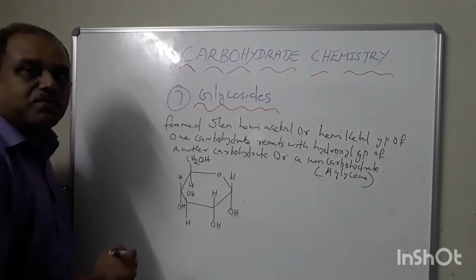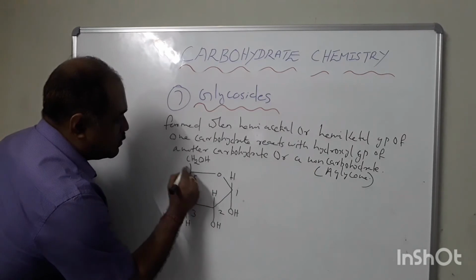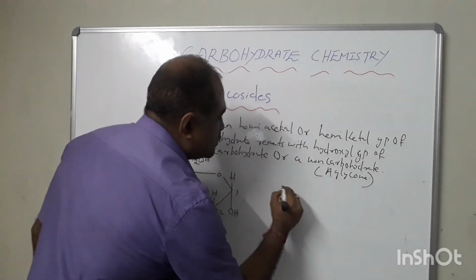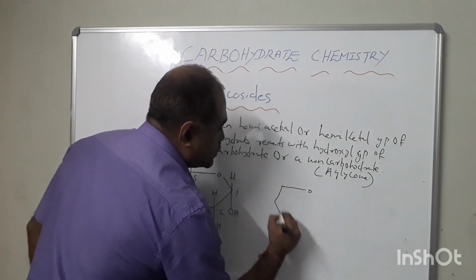So this is the structure of glucose I have written. This is alpha D glucose. Again I am drawing the structure of alpha D glucose.